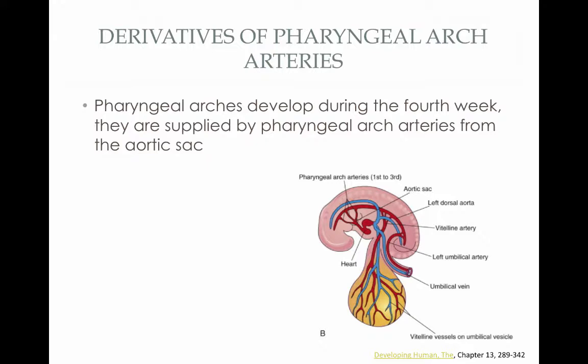And you can see that these pharyngeal arches, or arch arteries, form from this aortic sac. So you can see in this fetus here the arches, first through the 3rd arch, and here's that aortic sac. Again, here's going to be the heart, from really sinus venosus to truncus arteriosus.